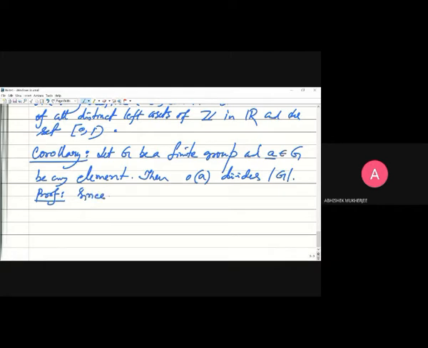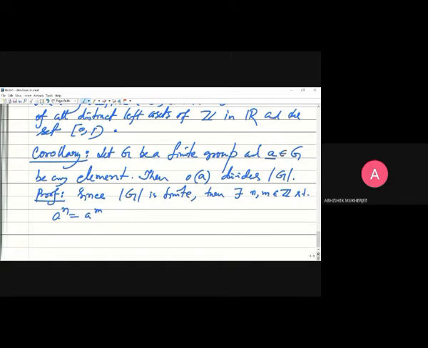Since the order of G is finite, there exist n, m belonging to Z such that a to the power n equals a to the power m, because the order of the group is finite.